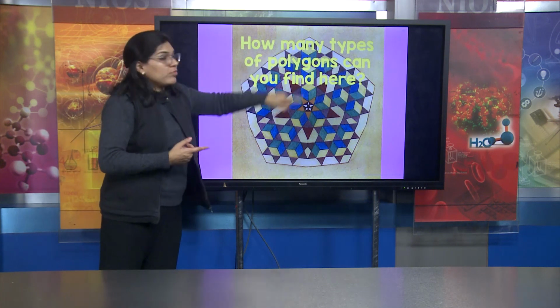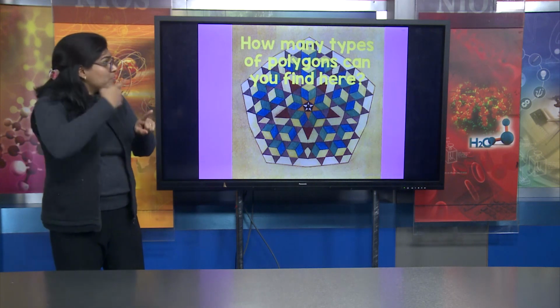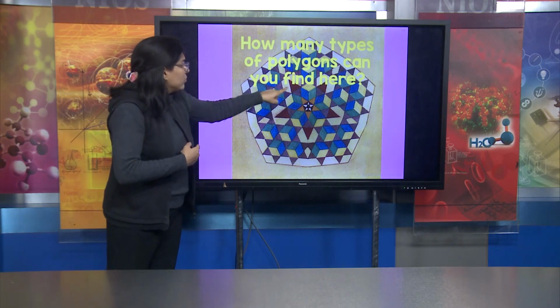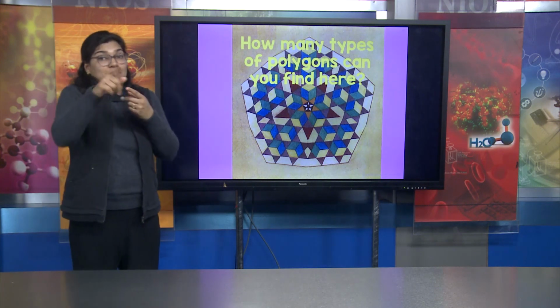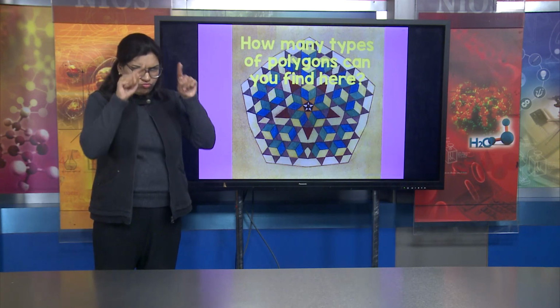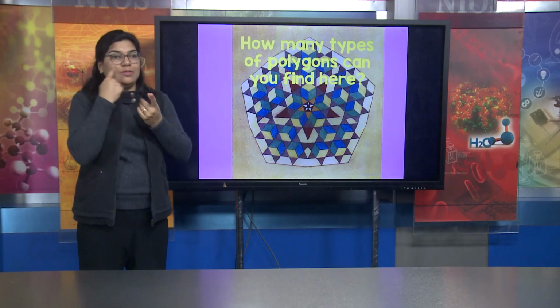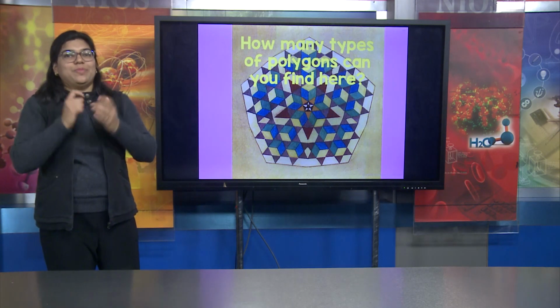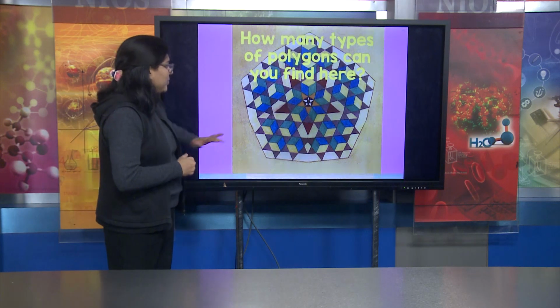And this question says, how many types of polygons can you find? This image also has many polygons. So I am not going to answer. You yourself have to find whether they are triangle, quadrilateral, pentagon, or whatever figure polygon it has. You try yourself.